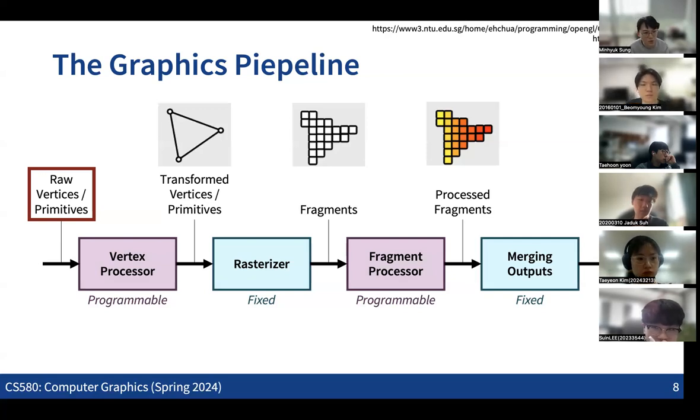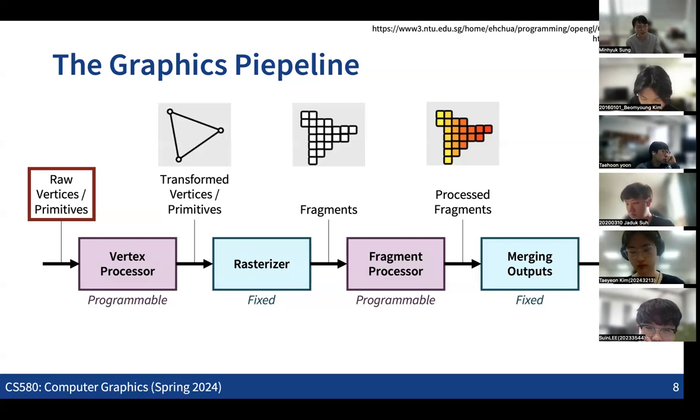But in the modern OpenGL based framework, from 2.0, you can implement the vertex processor and fragment processor as you want. These two are the programmable components, while the rasterizer and the other components are fixed components which are already implemented in the hardware. This means that you can implement the vertex processor and the fragment processor based on the shader language.